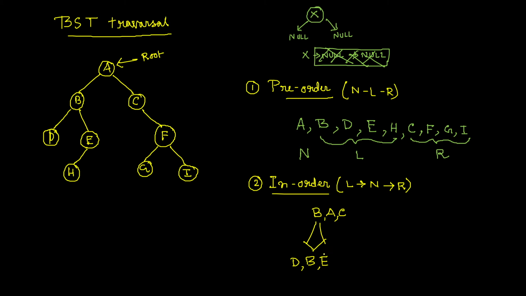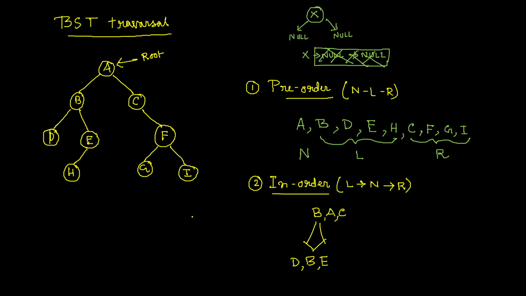But there is a way to enlarge this E part, because E is not a leaf node. E has its left child and no right child. So if I apply the in order strategy with respect to this part only, it will become H, E, then null, and null means nothing, you can omit that.